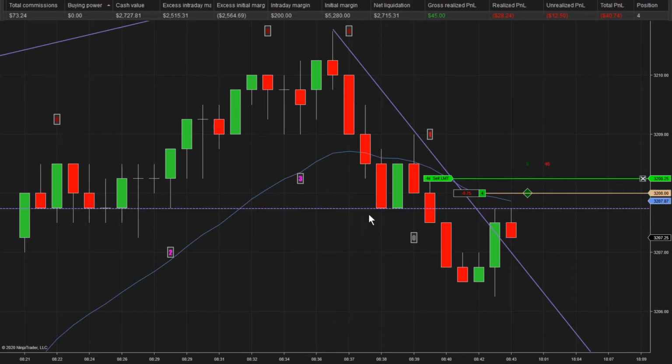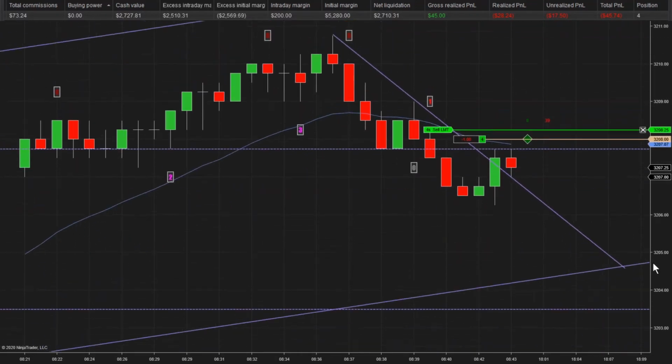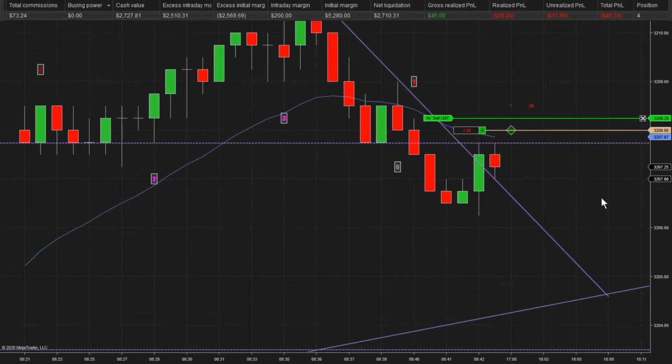So the previous support acted as support one more time. Now it's acting as resistance. But the plan is, if one more scaling and that doesn't work, I'm out.